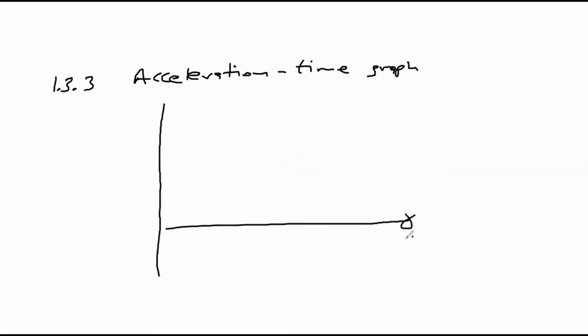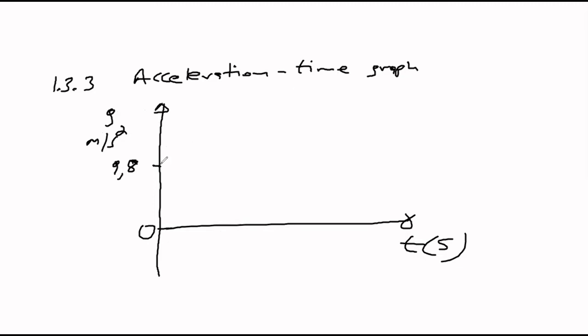So along the x-axis, we have time in seconds. Along the y-axis, we have g or a in meters per second squared. So we know that acceleration is constant and it is 9.8. So this one we don't need to use a scale because it is constant.